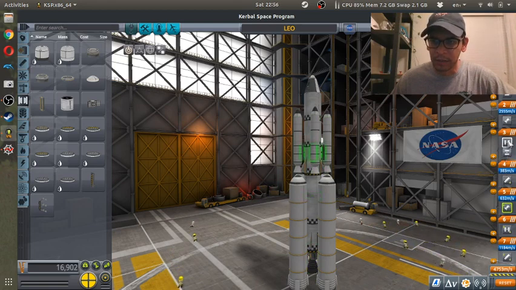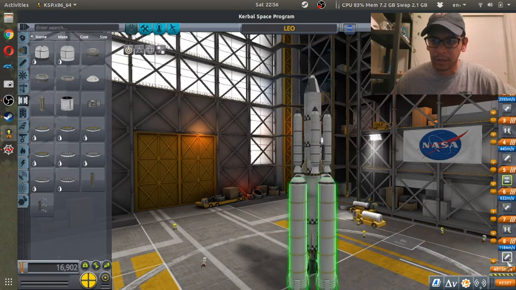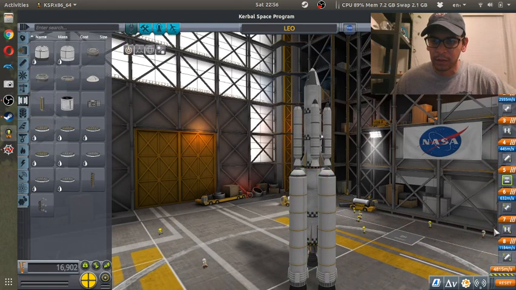Once these are done, I'm going to put this down here. So I probably want to add a stage. Okay, so I'm going to activate the 4 boosters, decouple them, activate the main swivel.